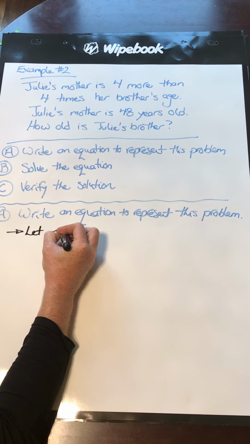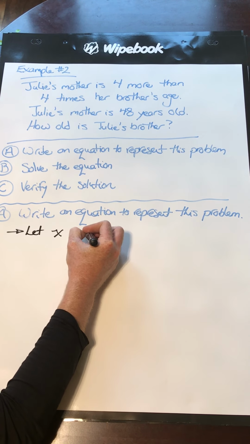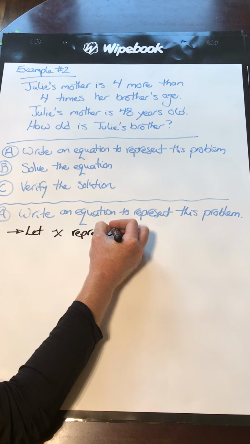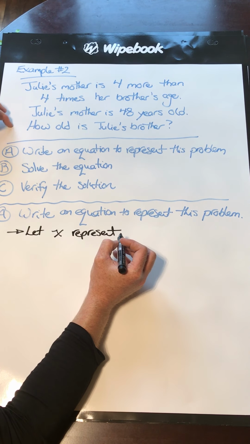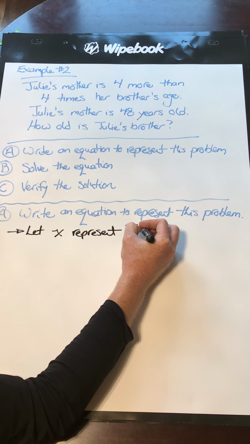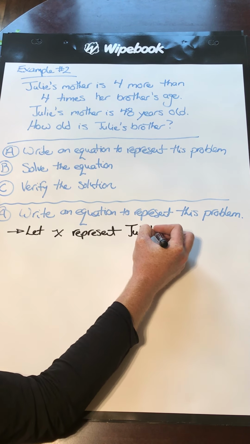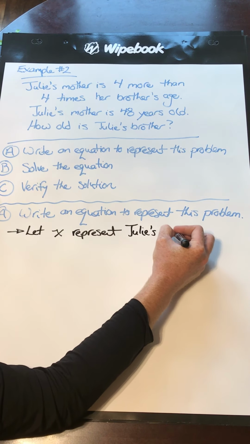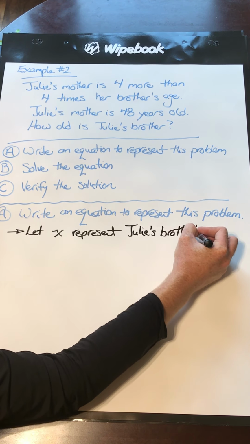So let x represent, and what are we solving for? Well, we're solving for how old Julie's brother is. So let x represent Julie's brother's age.